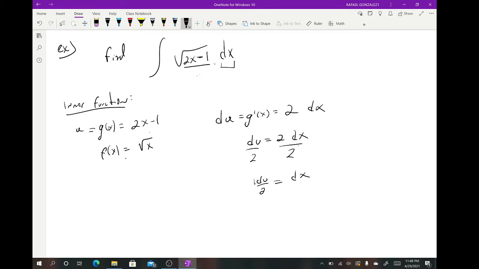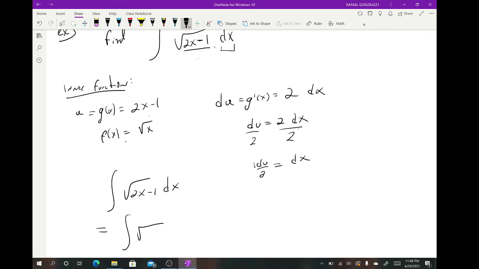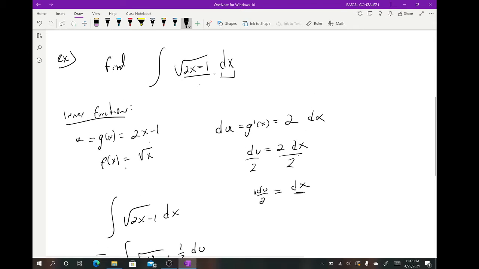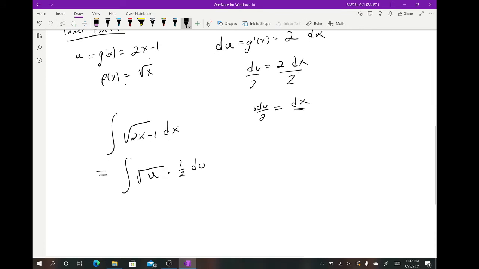So what does my problem look like now? Well, the integral of the square root of 2x minus 1 dx with my substitution is now equal to the integral of the square root of u, because remember u is 2x minus 1, times 1/2 du, because 1/2 du is equal to dx. So now I was able to substitute this whole piece and this whole piece.